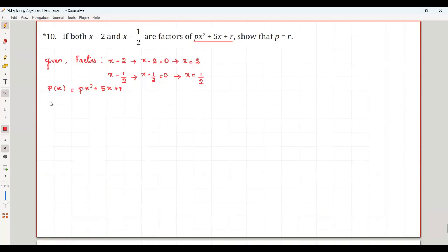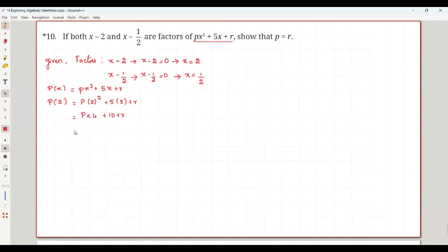P of 2 is equal to, wherever x is coming, replace with 2: p into 2 square plus 5 into 2 plus r. So p into 2 square is 4, plus 5 twos are 10, plus r.